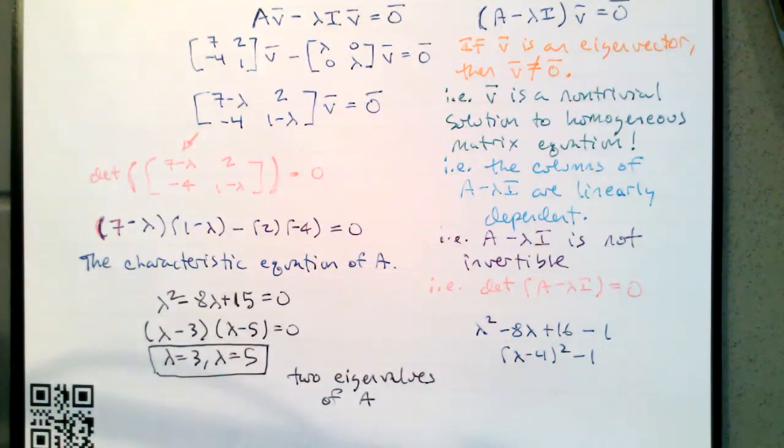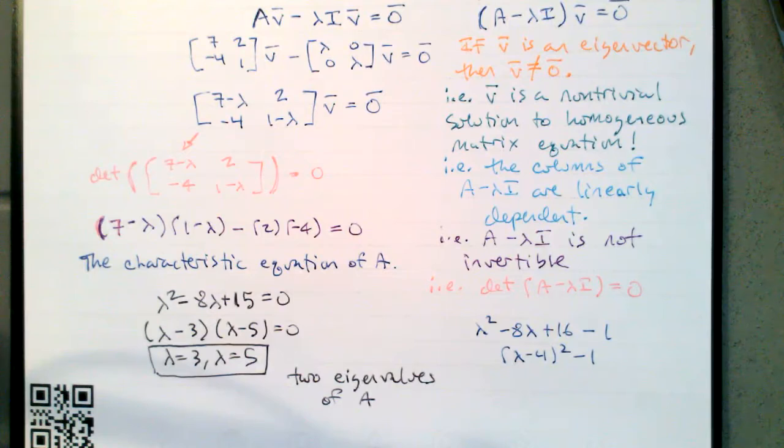But then you get crazy things happening, like lambda squared minus 8 lambda plus 17. And people will be like, oh, well, that's not factorable. But it totally is factorable, just not factorable over the integers. Maybe it's just factorable over complex numbers. What do you mean by factorable? But that's neither here nor there. That's just an algebra thing. So we have found the two eigenvalues of A.